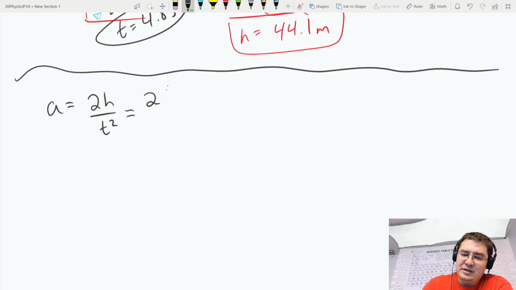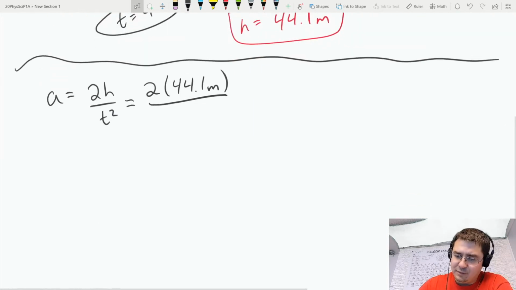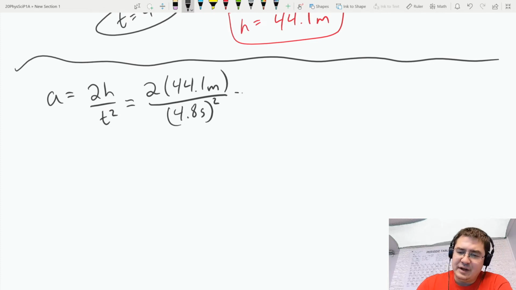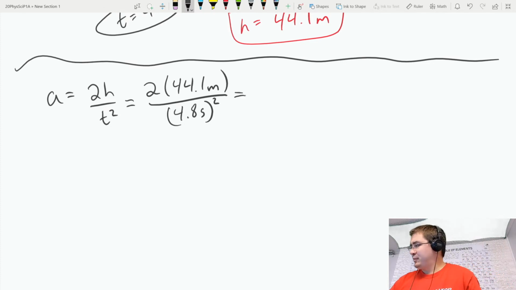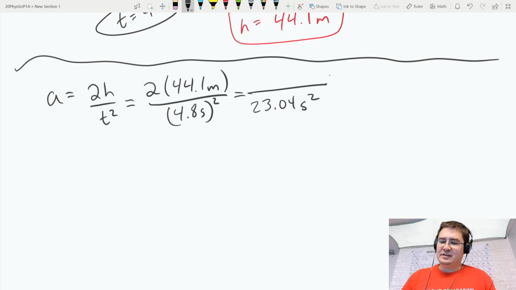So I'm going to plug in 2 times 44.1 meters divided by t squared. And now time we said was 4.8. And it's t squared. So I need to remember to square it. So again, I'm just going to do that first. 4.8 times 4.8 is 23.04 seconds squared.